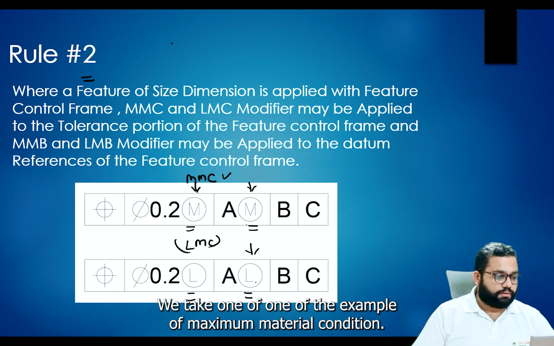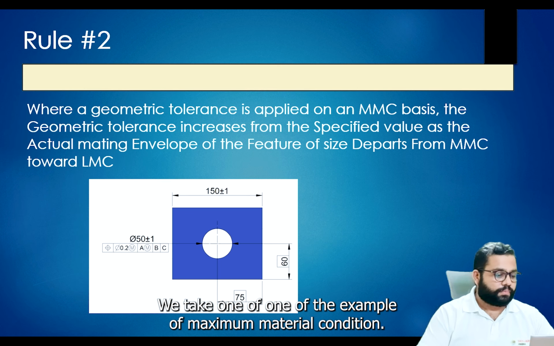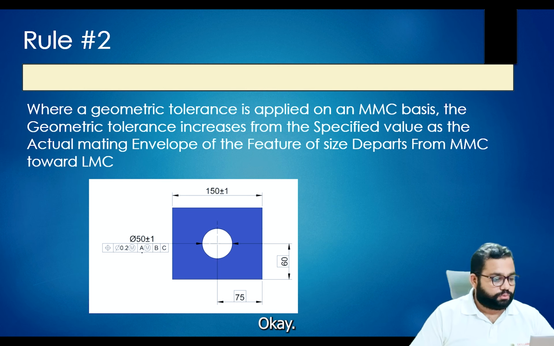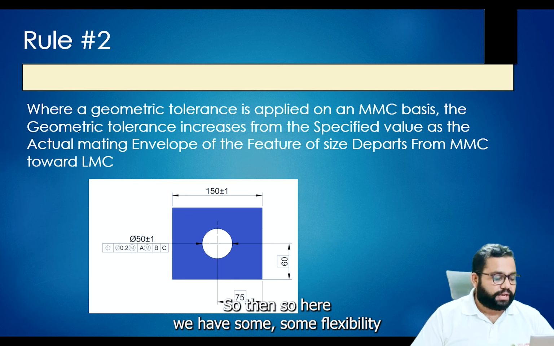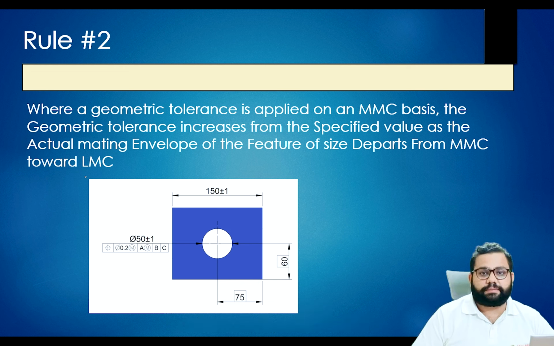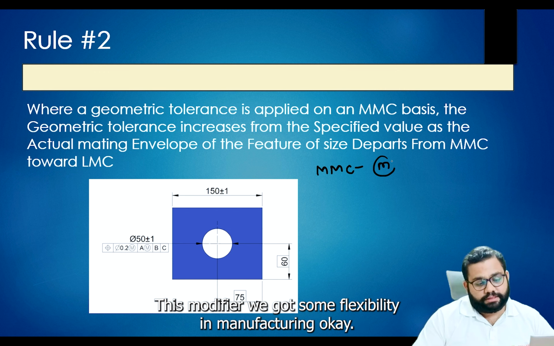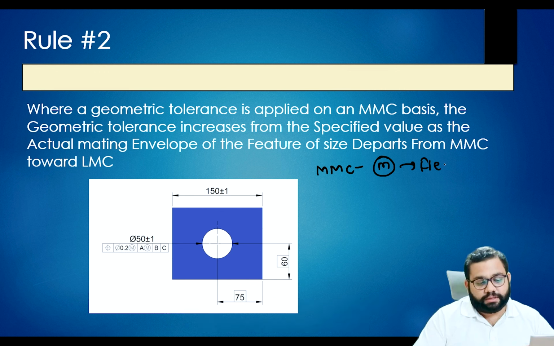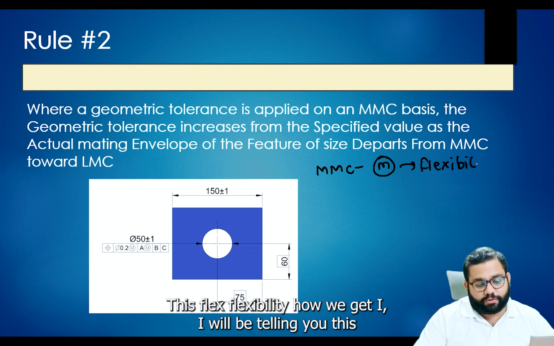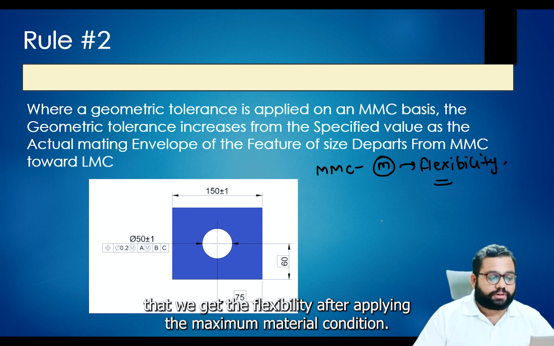We take one example of maximum material condition. Here we have some flexibility in manufacturing whenever we use the maximum material condition modifier. How we get this flexibility, I will tell you.